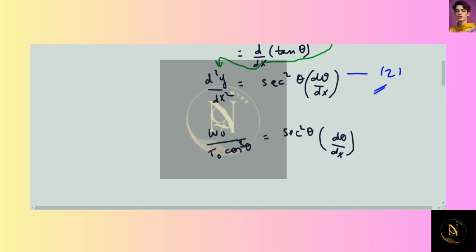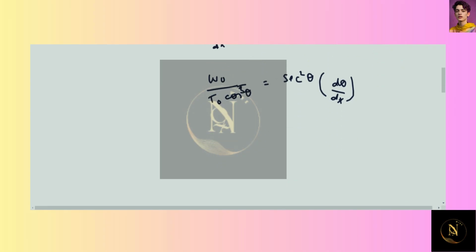So from here we can write d theta over dx as w_0 over T_0 cos³ theta over sec² theta.